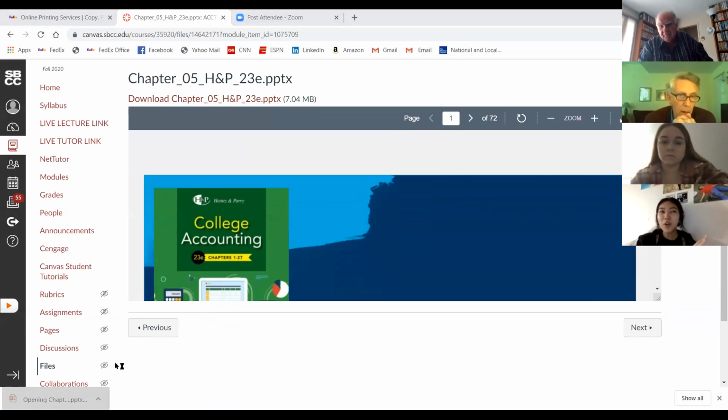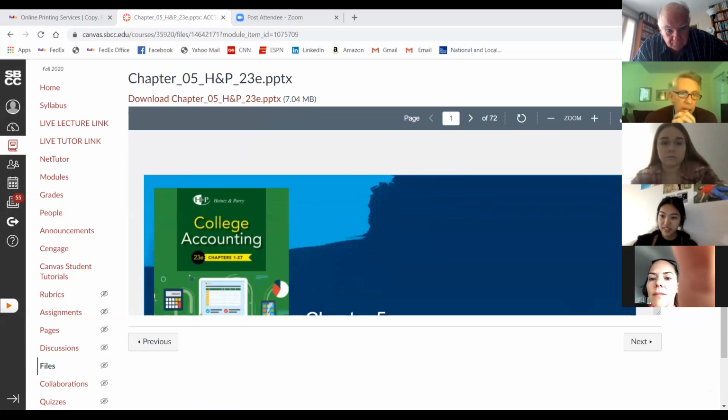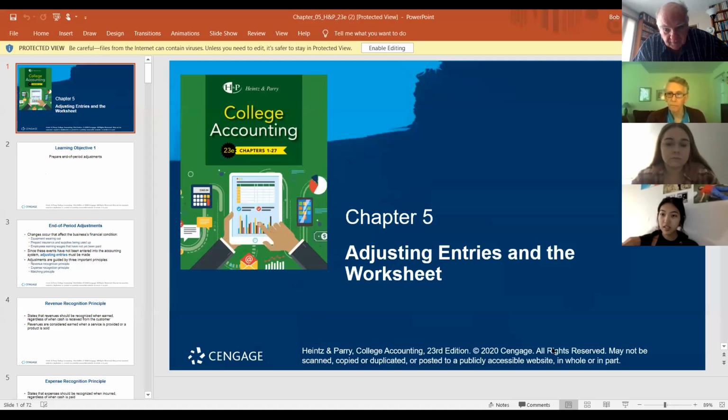Can we see chapter 5, adjusting entries in the worksheet? Not yet? It just says college accounting. Ta-da, does that work? Yeah, there you go.